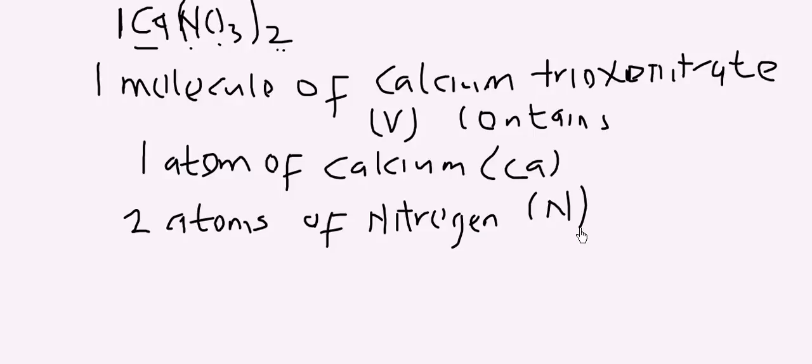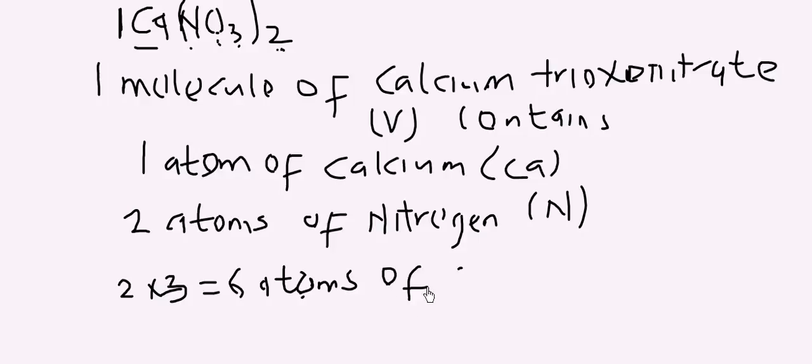O3 there means 3 atoms of oxygen, but here we have 2 outside the bracket, so 2 times 3 is 6 atoms of oxygen.